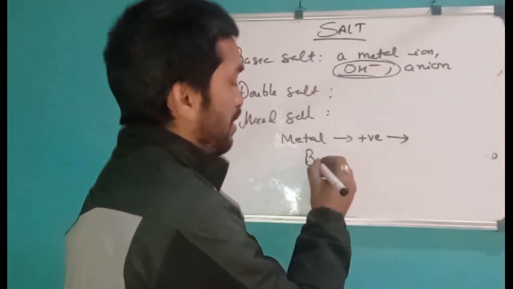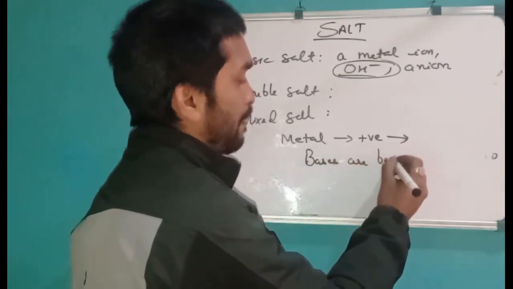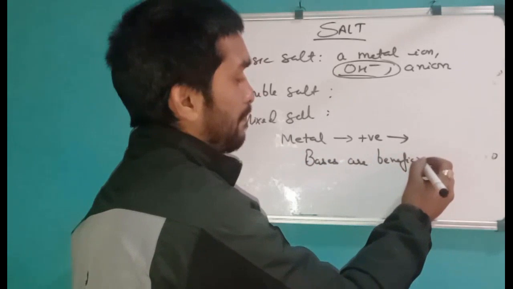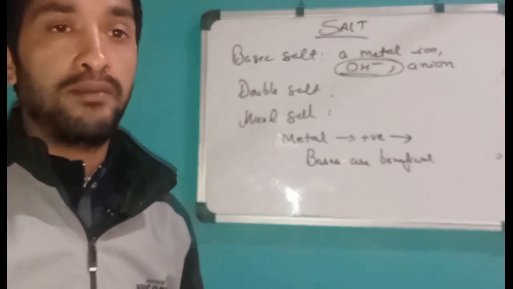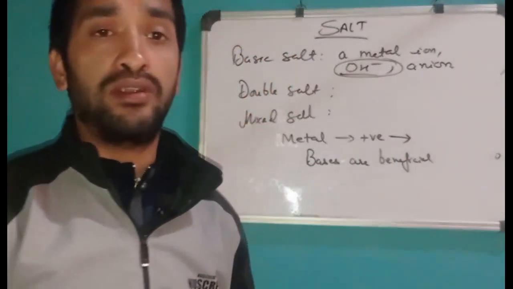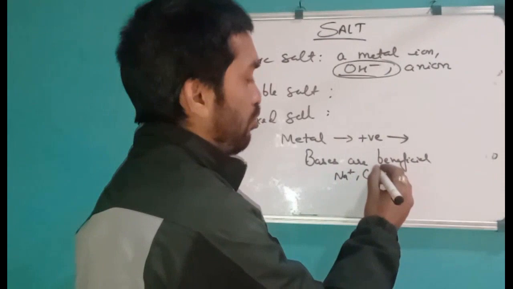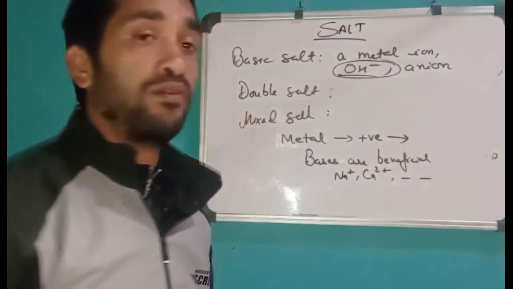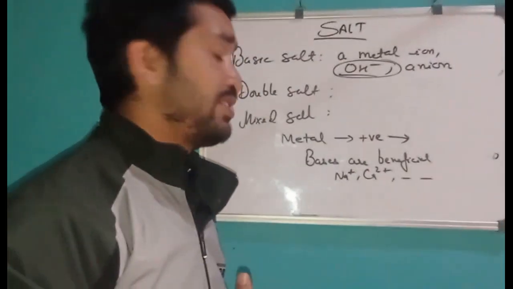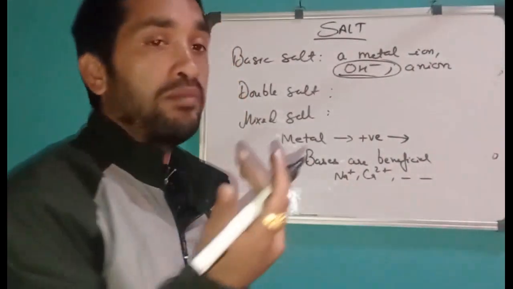See, bases are beneficial for your body. It means every positive part will contain basic property like Na positive, Ca2 positive. All these positive parts will be basic in nature. Why? Because bases are good for you. Good means positive. In that way you can remember it.